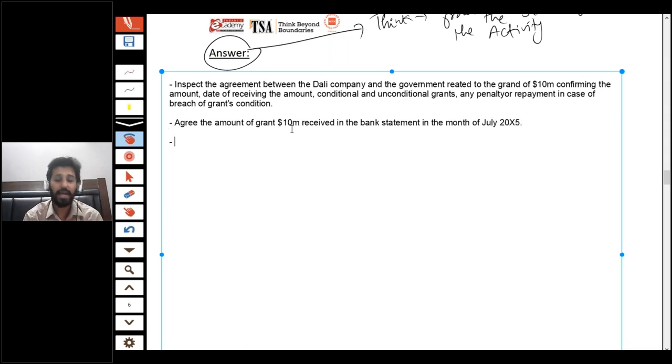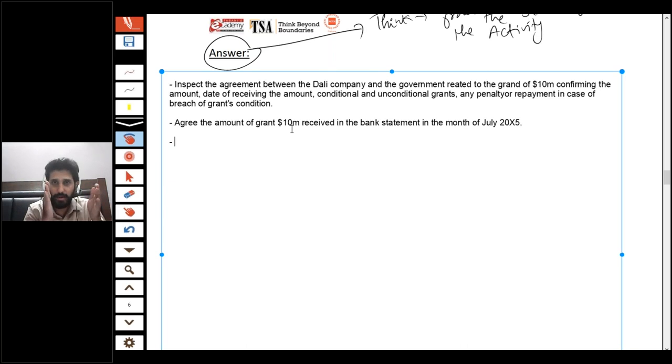Now simple is that I had written down the procedure as well as the assertion. Now there are two ways to write. Number one, agree the amount which I had written it down. The next way is, just listen, no need to write: inspect the bank statement of July 20x5.